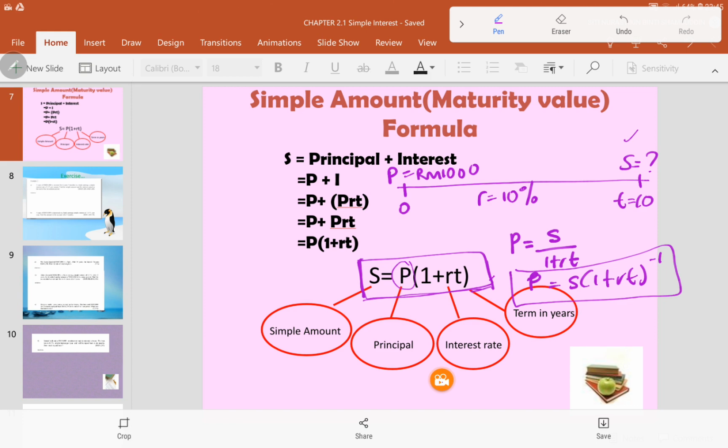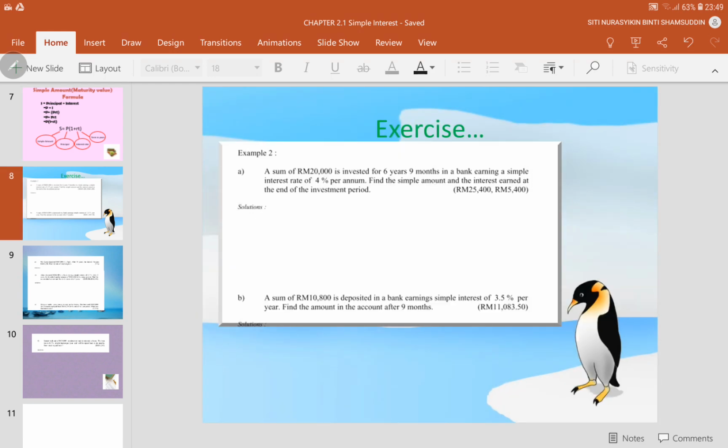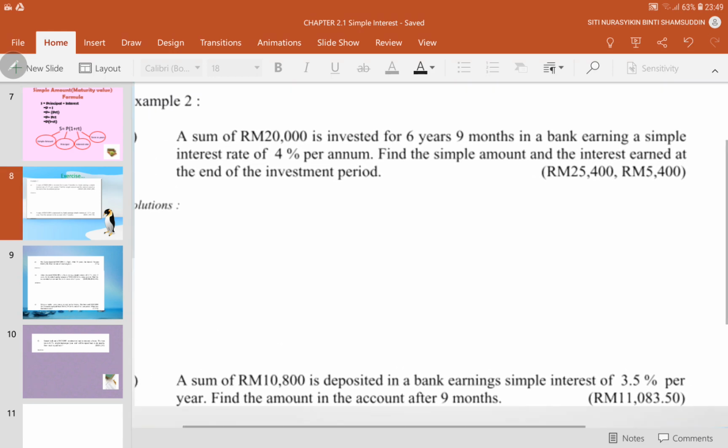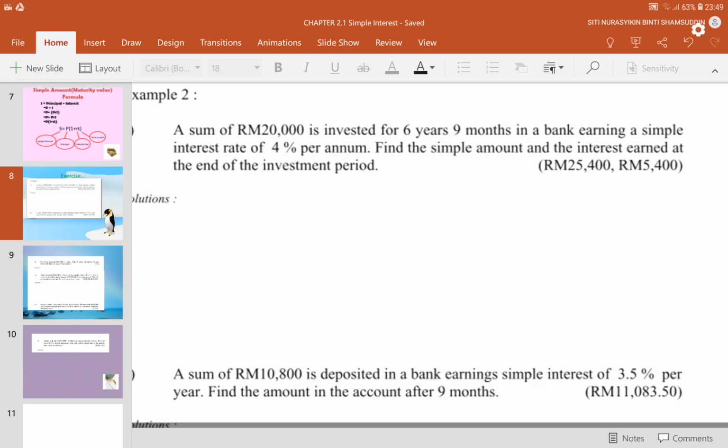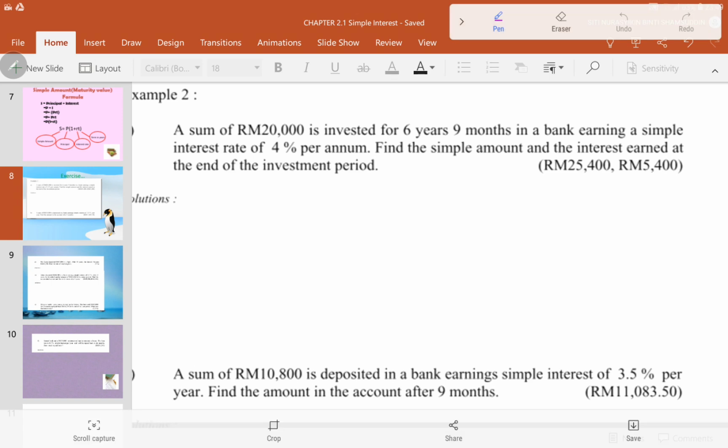Now let us look at an example. Let's say a sum of money, which is 20,000 ringgit, is invested for 6 years and 9 months.